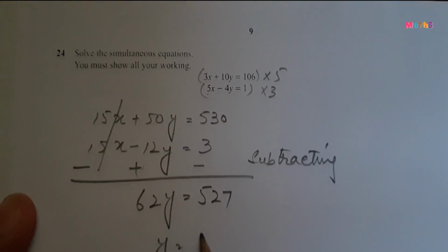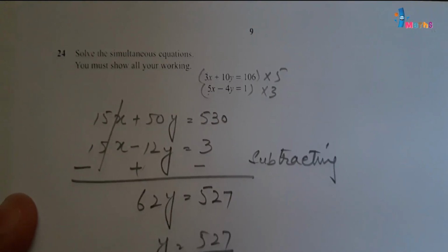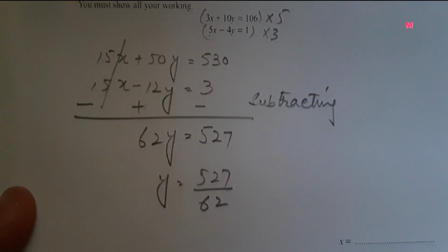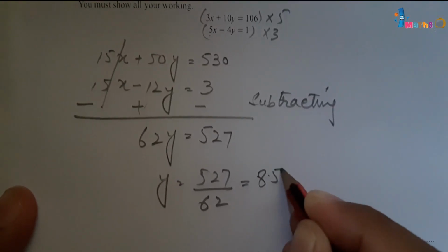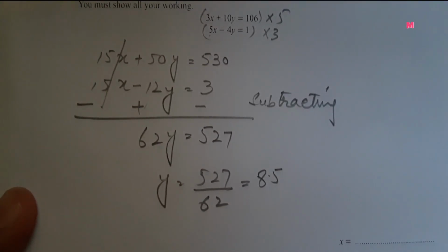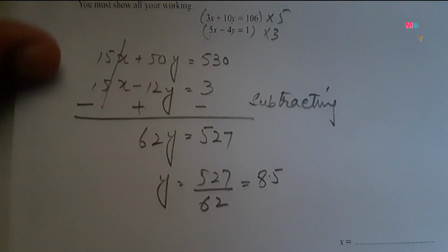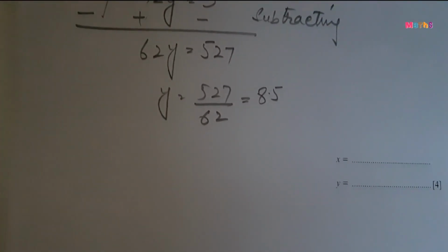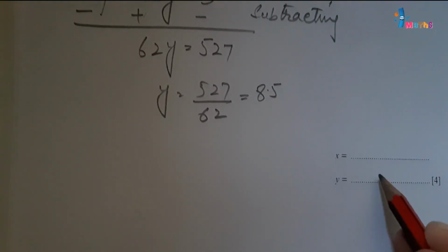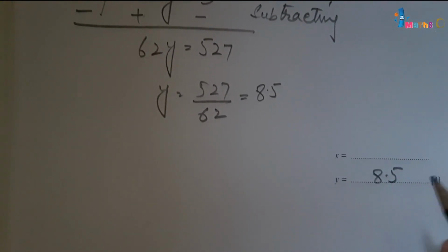So y will be equal to 527 divided by 62, which is 17/2, which is 8.5. So the y value will be 8.5.